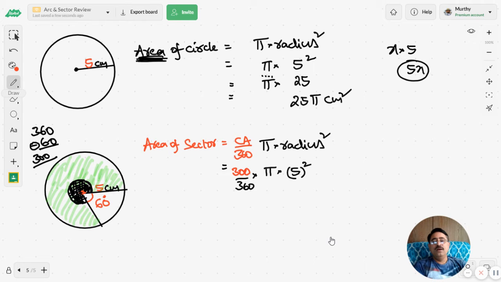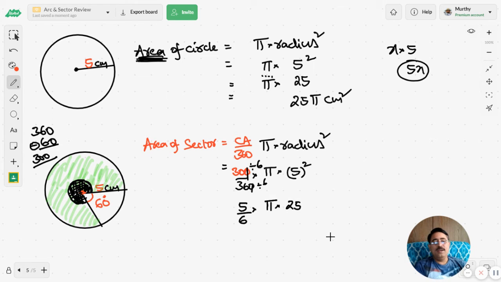Well, now let me compute. Zeros are cancelled. I can divide both by 6: 6 times 5 is 30, 6 times 6 is 36. Let the value of pi be as it is. 5 square, 5 times 5 is 25.